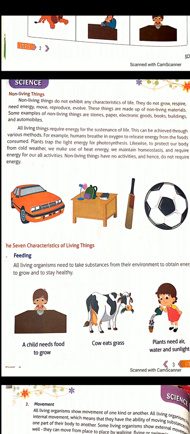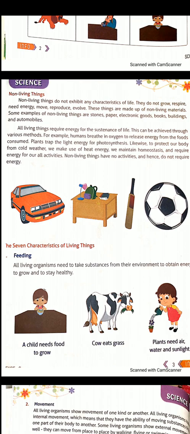All living things require energy for the sustenance of life. This can be achieved through various methods. For example, human beings breathe in oxygen to release energy from the food consumed. Plants trap light energy for photosynthesis.